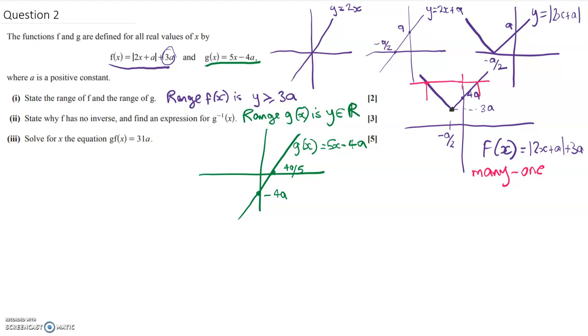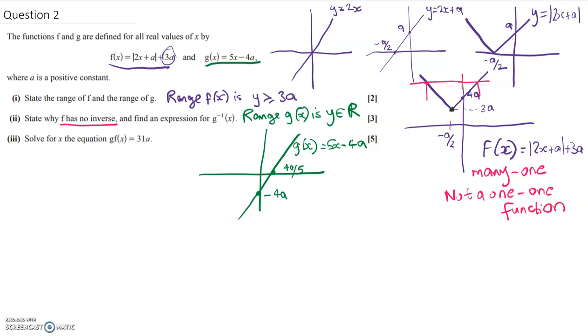So you will see parabolas, for example. You pick a y value and you'll get two x values that map to it. So we know that inverses only exist for one-to-one functions. So what you can say is f has no inverse because it is many-to-one, or you can say it is not a one-to-one function.